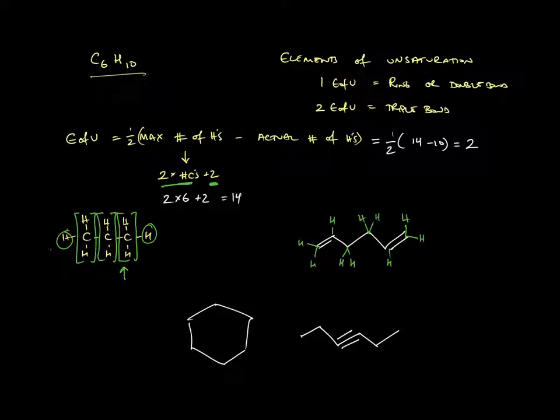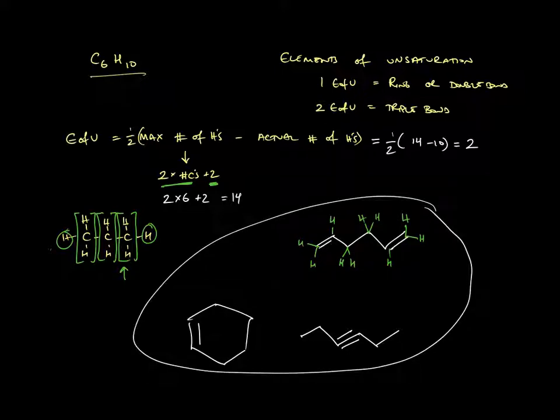So here's 6 carbons, and a ring counts as 1, a double bond counts as another. I can say for sure that since these guys have 6 carbons, and they have the same number of elements of unsaturation, that without going through the trouble of adding up all of the hydrogens, they must all have the same molecular formula. And if they have the same molecular formula, but they're put together differently, they are structural isomers. So all of these guys would be structural isomers.